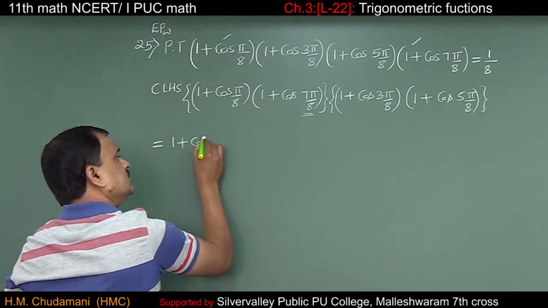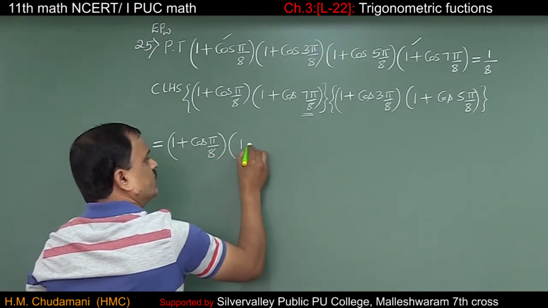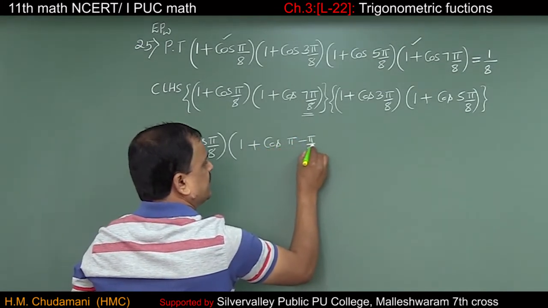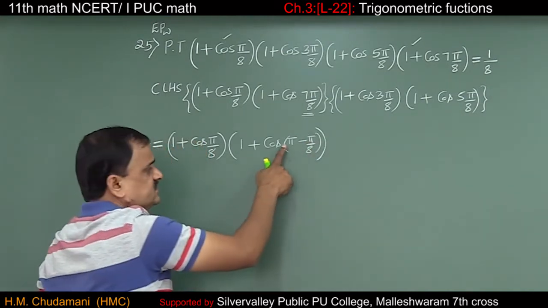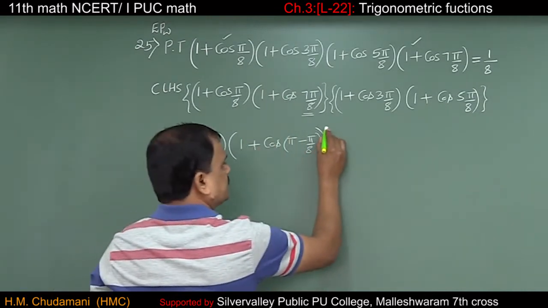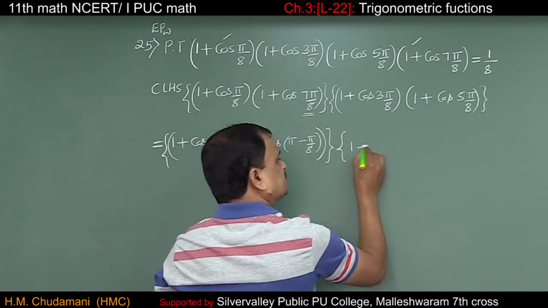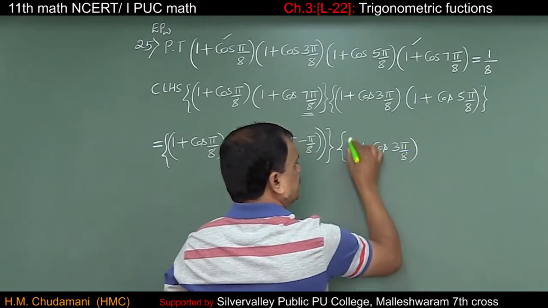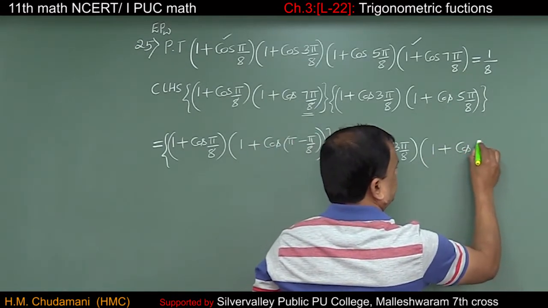1 plus cos pi by 8 into 1 plus cos of pi minus pi by 8. If you take the LCM, 8 pi minus pi means 7 pi by 8 only. Do you agree? So now, the last term, 1 plus cos 3 pi by 8 as it is, into 1 plus cos, what to write for this?